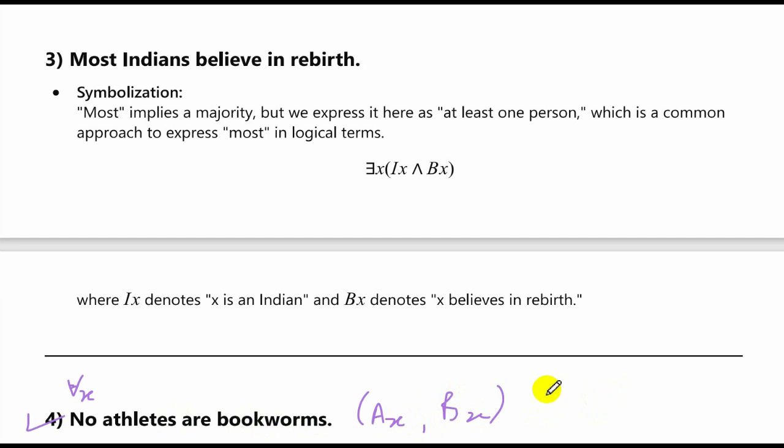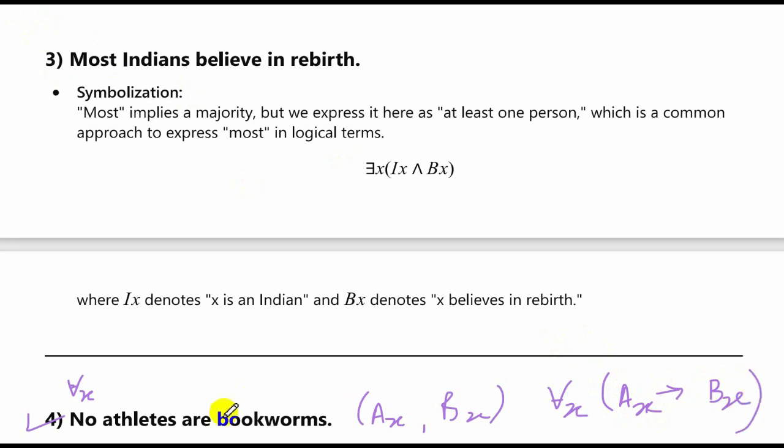So when we are symbolizing it: for all X, X is an athlete, which means X is a bookworm, right?